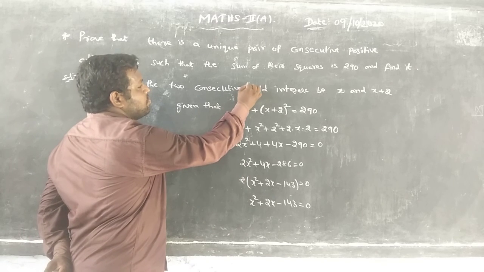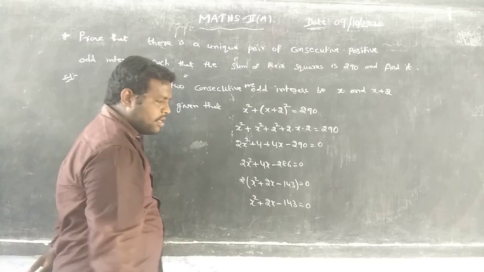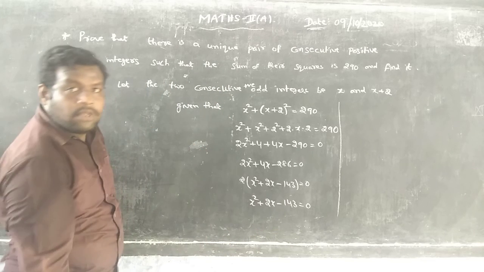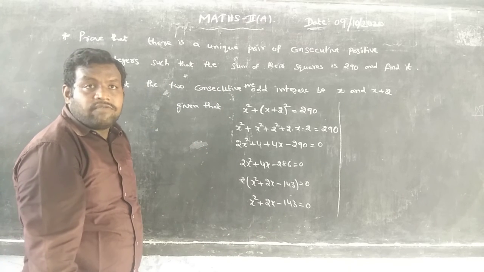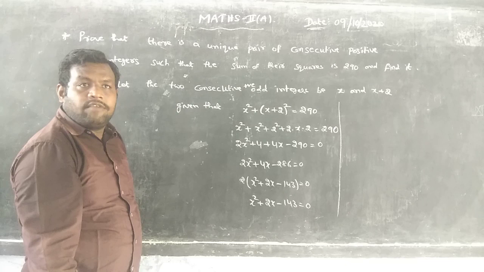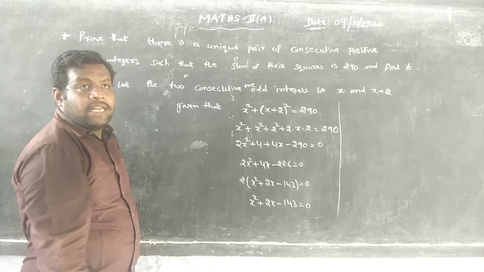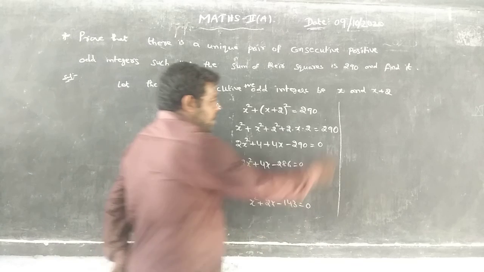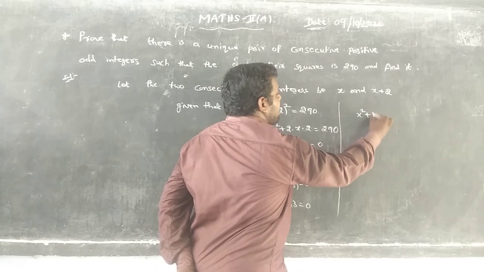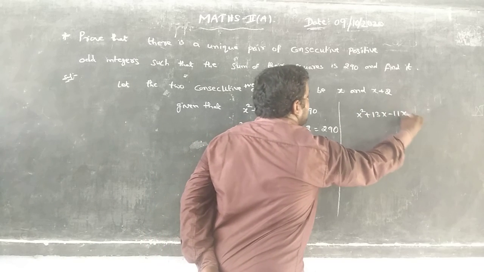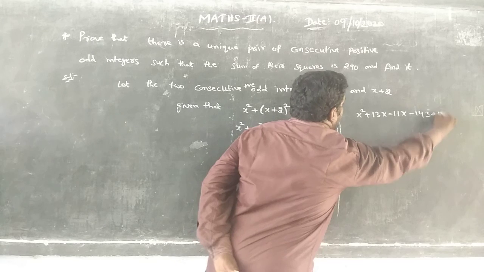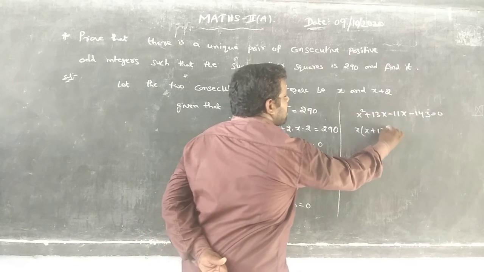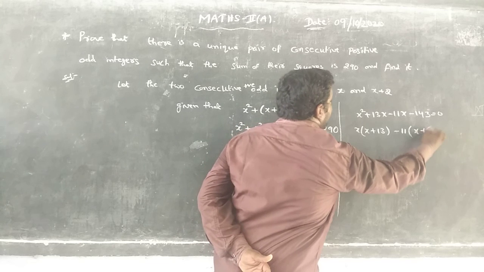Okay, consecutive positive odd integers. Now split that equation. What is the product of the first and last term? 143. Factors of 143 are 11 into 13. 13 minus 11 is plus 2. So x square plus 2x minus 143 can be written as x square plus 13x minus 11x minus 143 equals 0. In the first two terms, x is the common term. x of (x plus 13) minus 11 of (x plus 13).